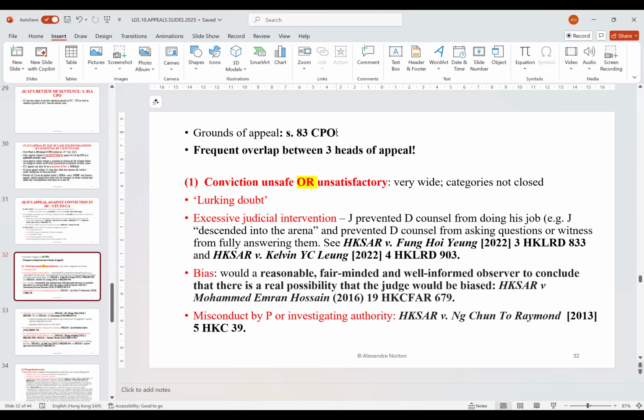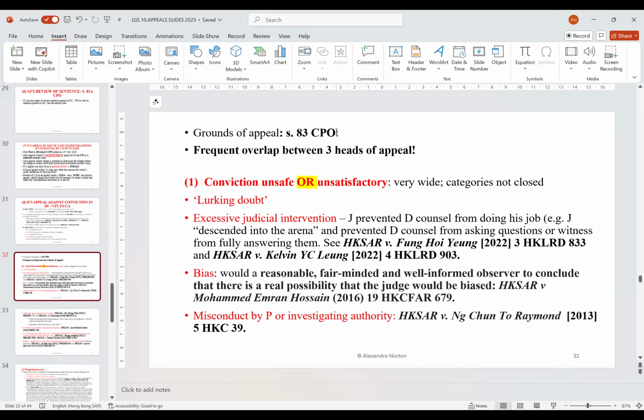Now, a judge is always permitted to ask some questions in the trial, usually just to clarify matters, or sometimes on important matters that counsel has not asked about, but not to conduct the case, not to launch into a cross-examination of the witness himself. So that would be a very good ground of appeal.